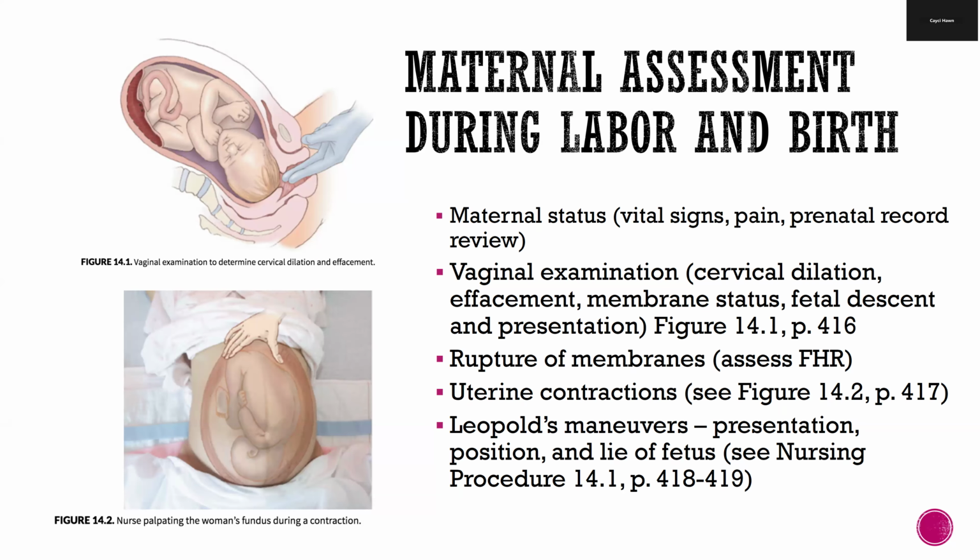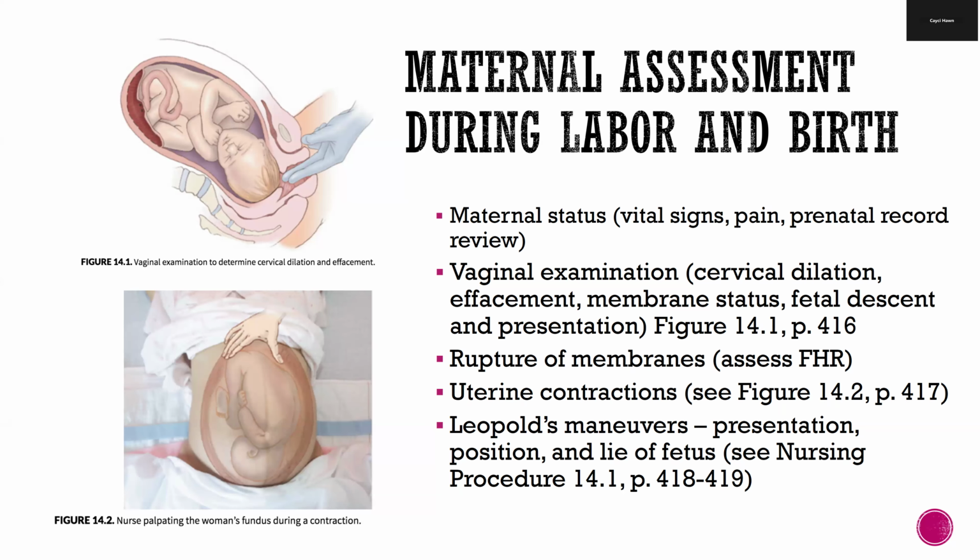So, next, a vaginal examination. When we do a vaginal examination, we are checking cervical dilation, so how open the cervix is, effacement, how thinned out the cervix is, the amniotic membrane status. So is it ruptured and was that spontaneous on its own or artificial done by the provider? Or is it intact? What is the fetal descent and presentation?